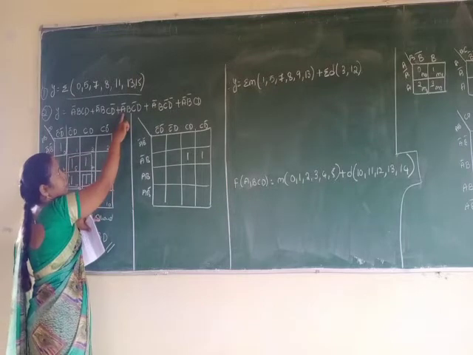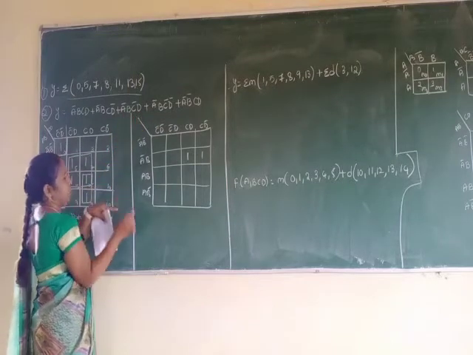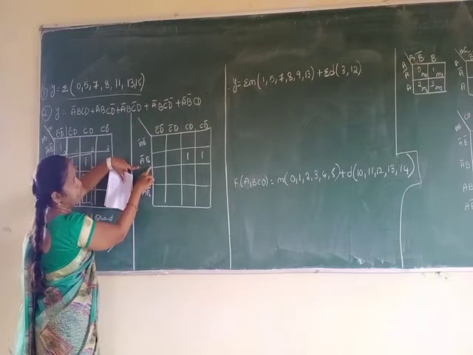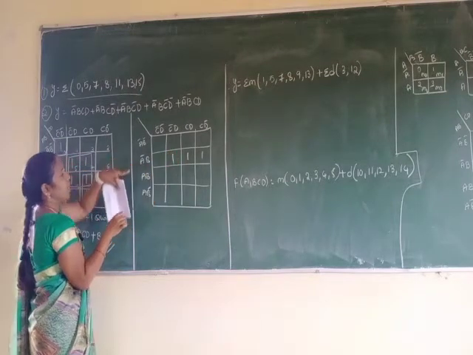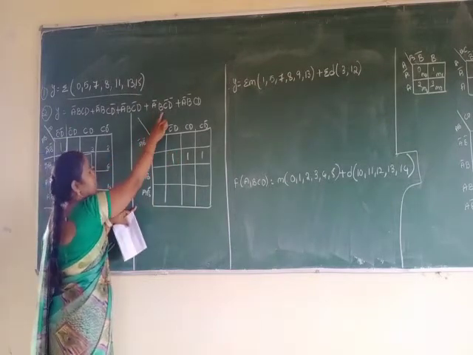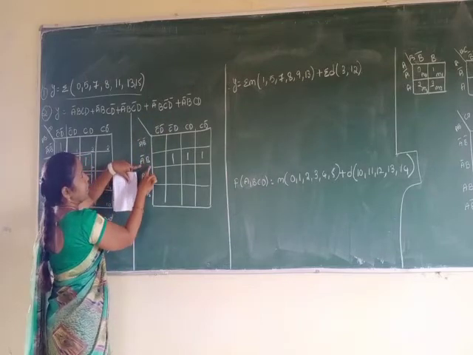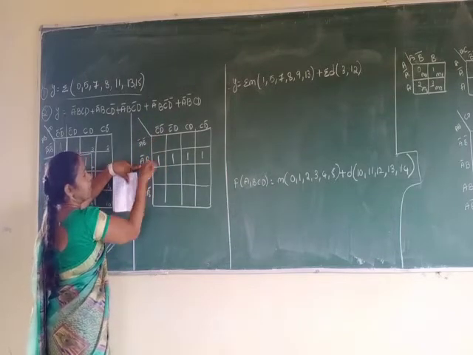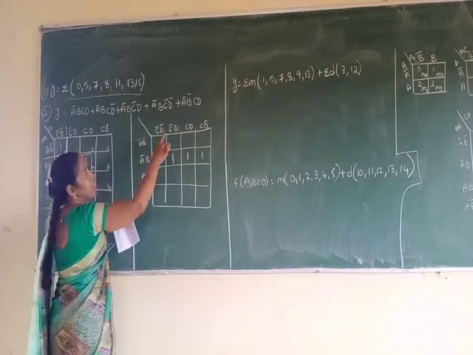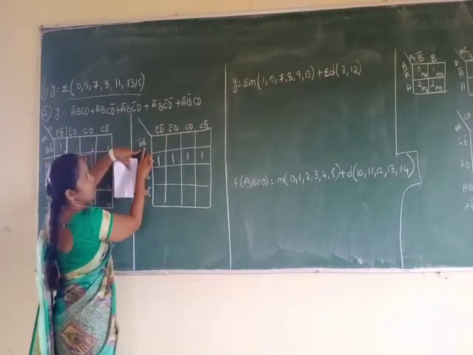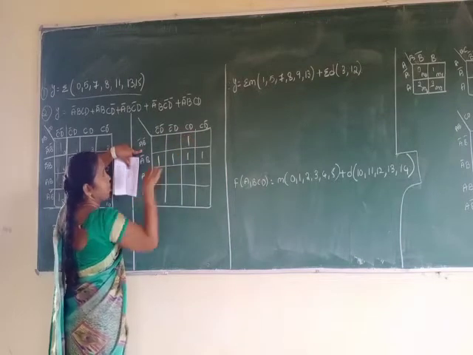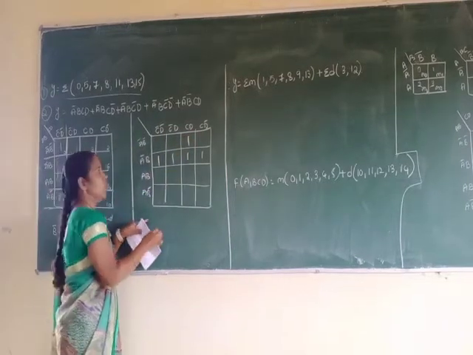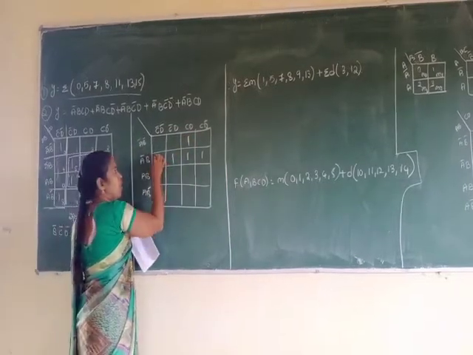Next one is A bar, B, C bar, D. Again here 1. Next one is A bar, B, C bar, D bar. Here 1. Next one is A bar, B bar, C, D. Now here I am placing 1, right? So here 4 ones you got.